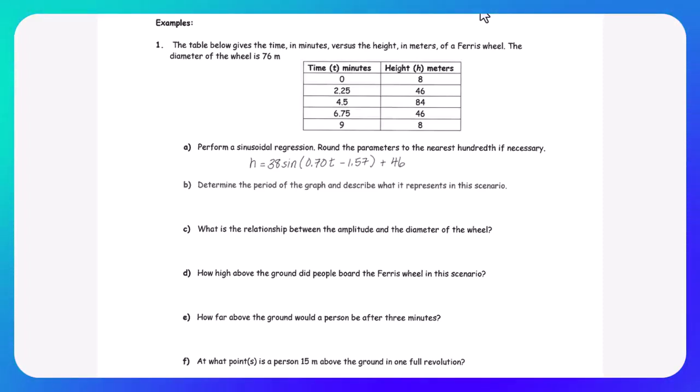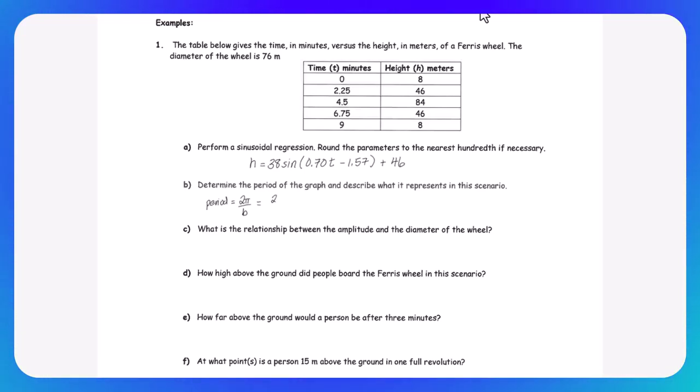So let's answer some questions based on this regression equation. It says determine the period of the graph. Well, we know what to do here. We know that the period equals 2 pi over the b value. And the b value in this case, we're going to use the unrounded version.